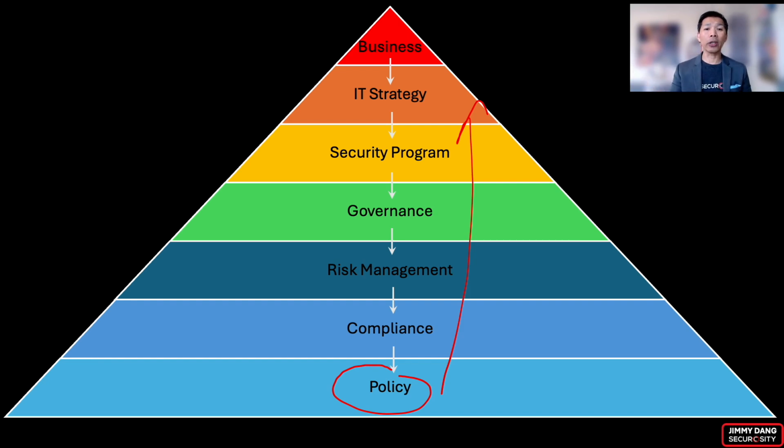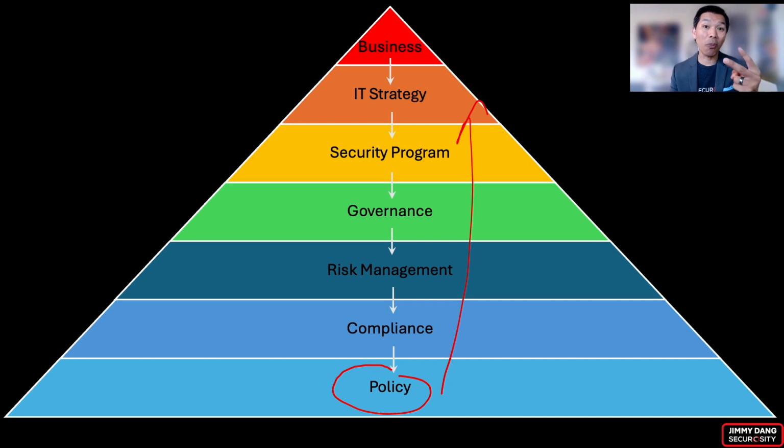Now, this hierarchical pyramid model illustrates the structured approach to achieving business objectives through aligned IT strategies, comprehensive security programs, effective governance, holistic risk management, adherence to compliance requirements, and well-defined policies.